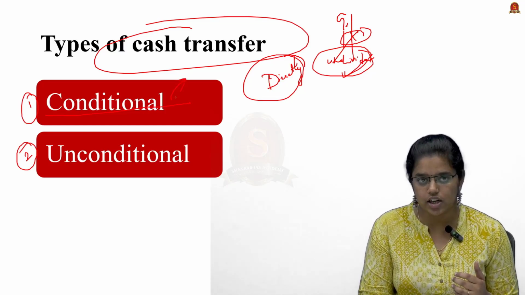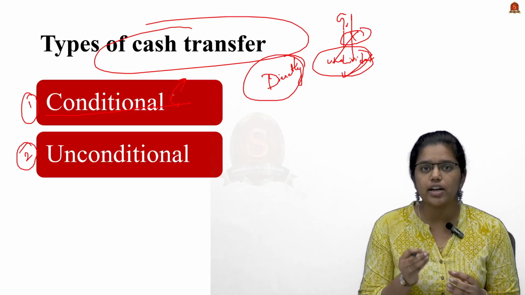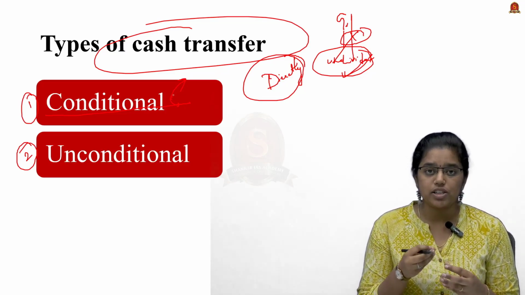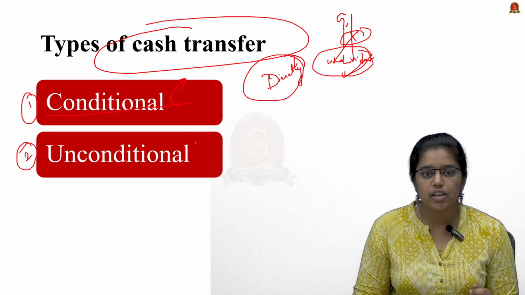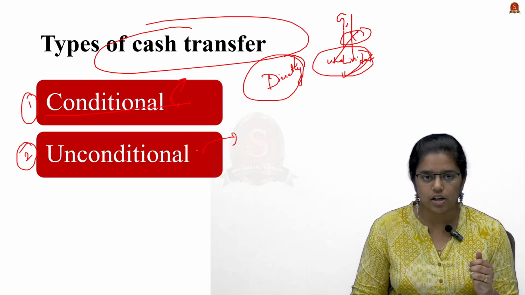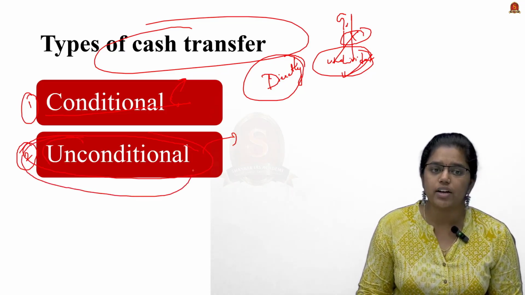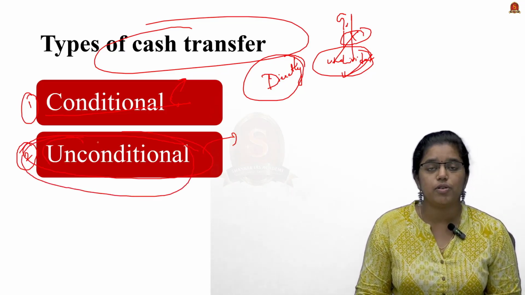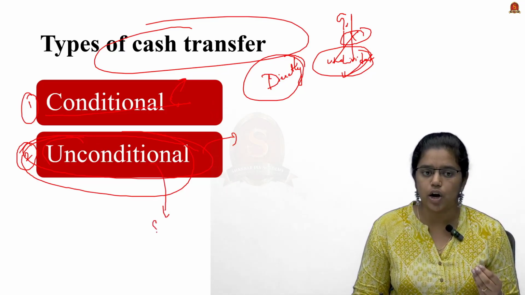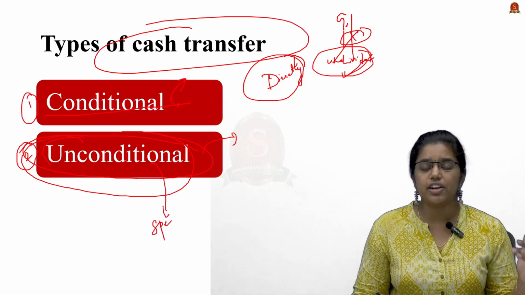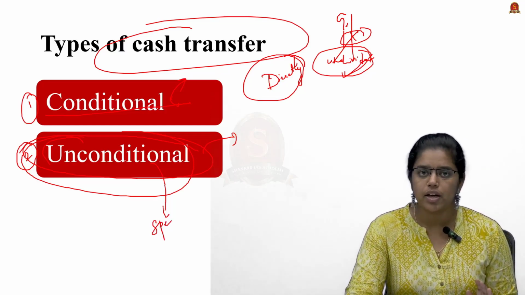This is called conditional cash transfer, and it aims to achieve a certain goal, for example in health and education. But that is not the case with the unconditional. Here the financial aid is provided to the beneficiaries without following any specific condition, and there is a general goal and not a specific goal. This is the difference between conditional and unconditional cash transfer mechanisms in India.